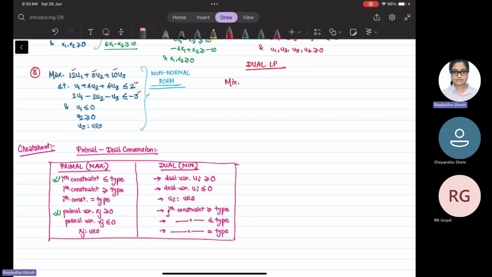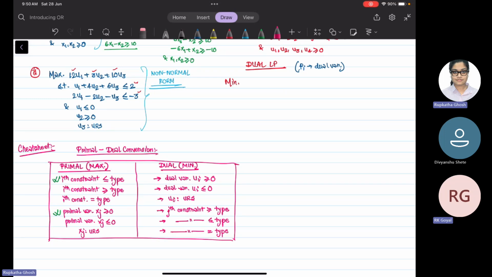Let's say the dual variables are p1, p2, pi, because I have these variables in my primal model. So now I simply write minimize.